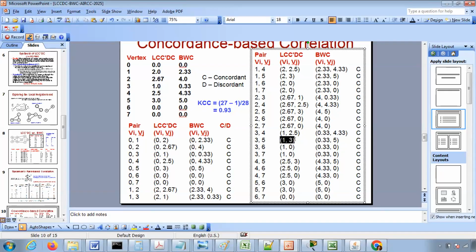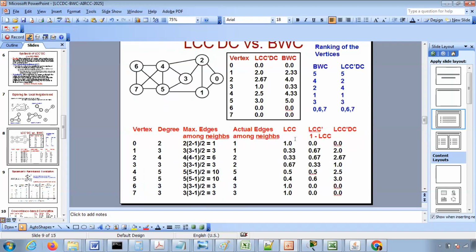If LCC prime DC of node 3 is greater than that of node 5, we can predict with a strong correlation that the betweenness centrality of node 3 will also be greater than that of node 5. So this is a local, pairwise correlation between two vertices, which you can do with greater prediction accuracy. And this is a global ranking. So both global ranking and local pairwise comparison could be done with good prediction using LCC prime DC.